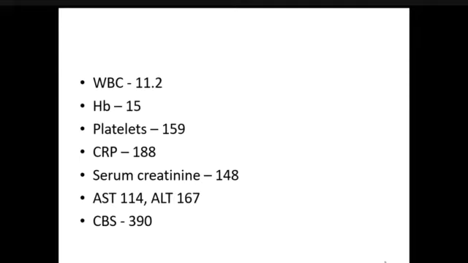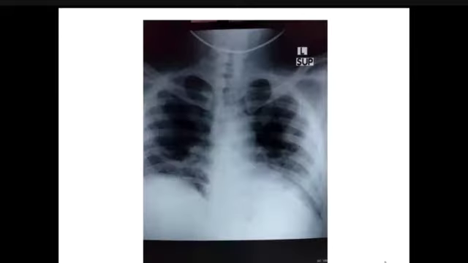Then we have to keep the oxygen saturation more than 94, right? So we have to increase the oxygen to keep it more than 94. And in addition, maybe creatinine is a bit high, so maybe the patient has a little bit of dehydration, and blood sugars are high, so we have to consider insulin and hydration for this patient as well, right?